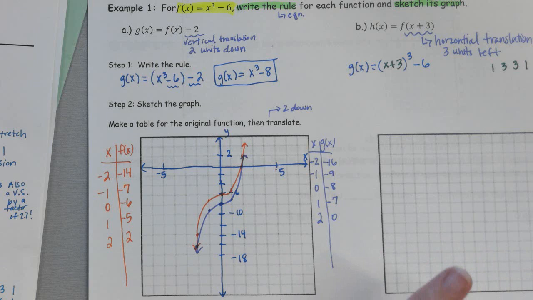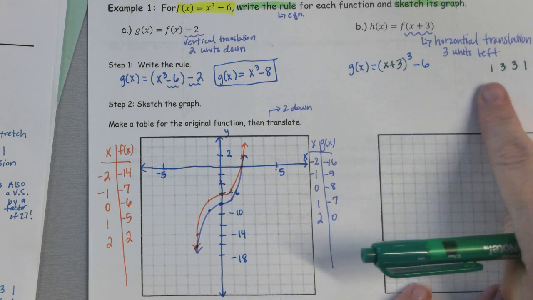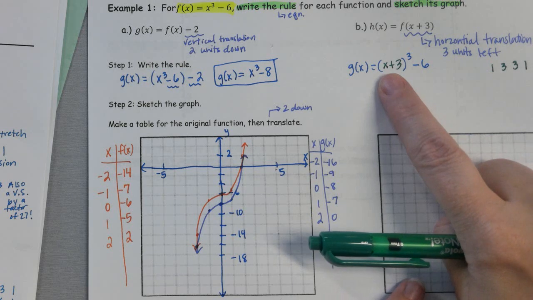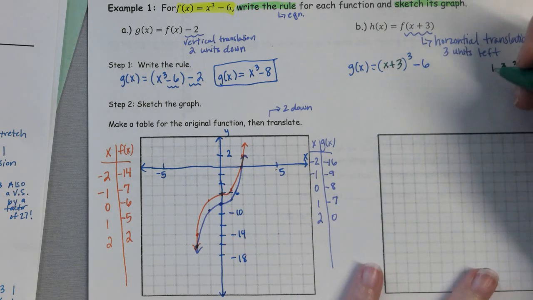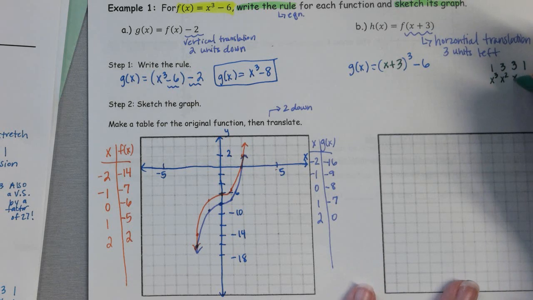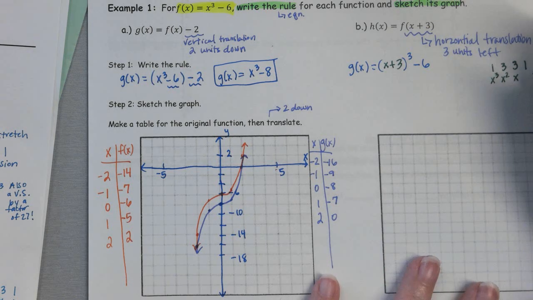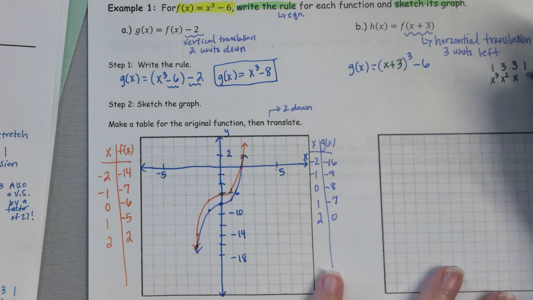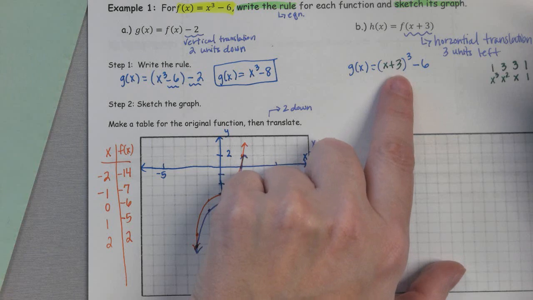Okay, you could look up your triangle, or you could make it. But the reason why I'm telling you this is going to be quicker is because look at this. It's just x. So this is just x to the third, x to the second, x to the first, which is x, and x to the 0, which is just what? 1. So see how quick that is? And then 3 is going to be the same thing, right?